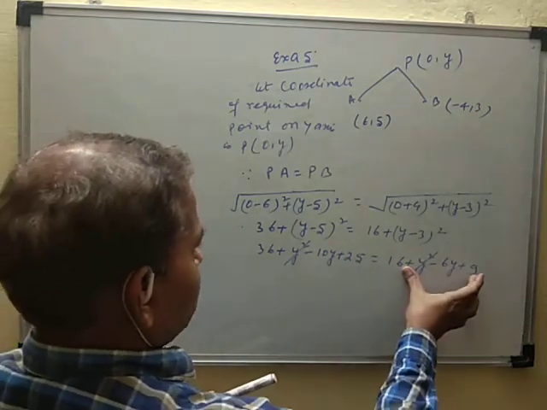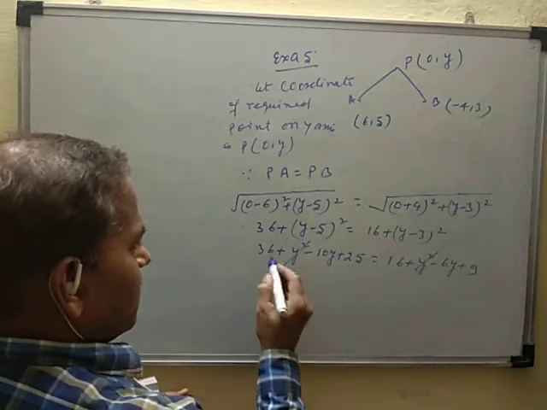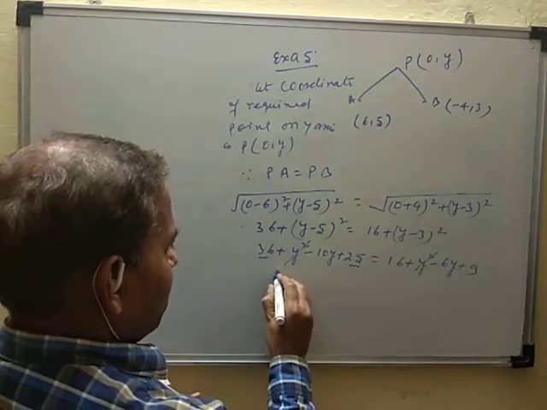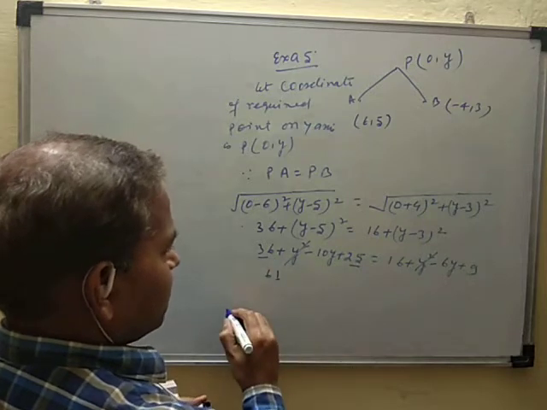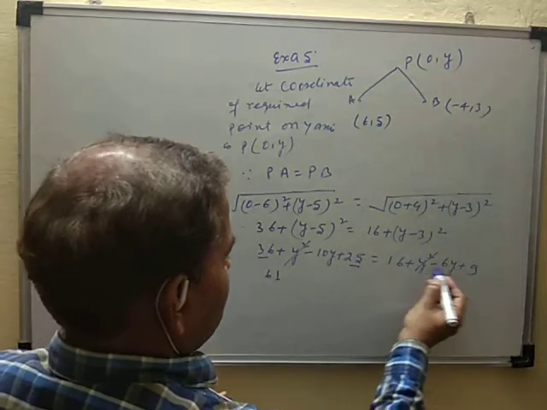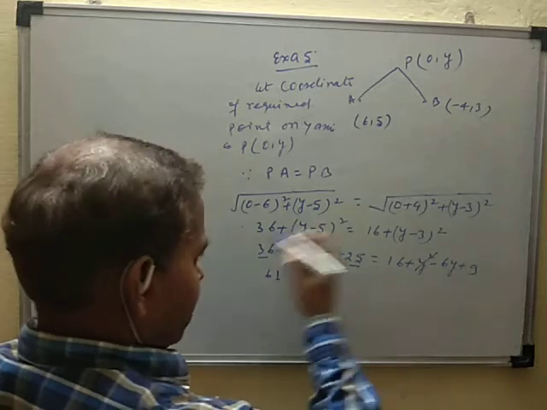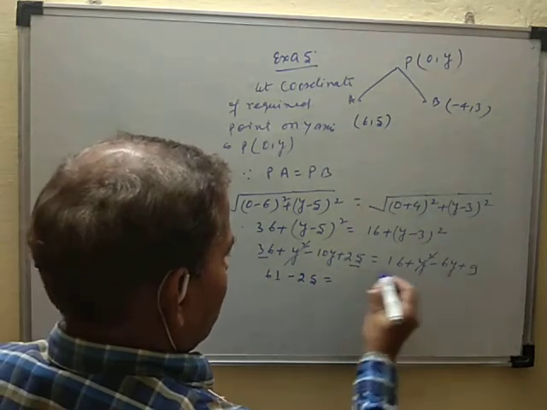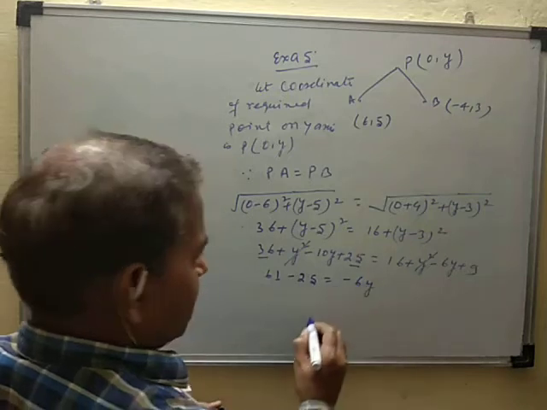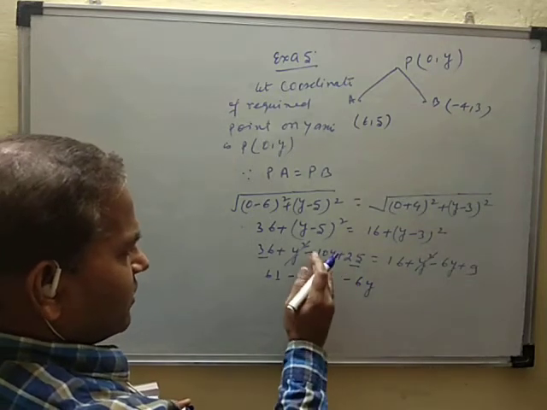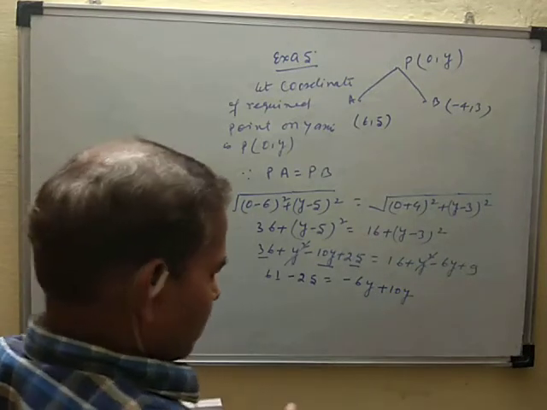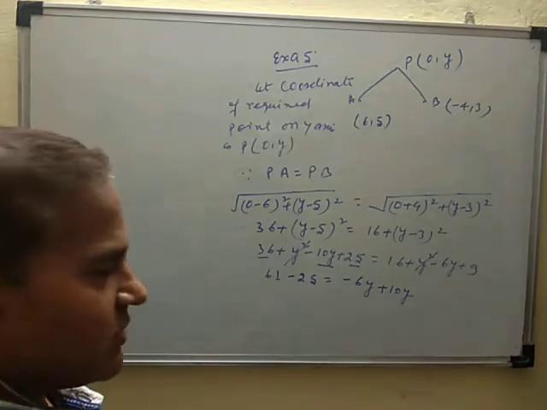Now take all constant terms to the left side. First 36 plus 25 is 61, and 16 plus 9 is 25, so taking it to the left side, minus 25. The right side is minus 6y, and this minus 10y taken to the right side becomes plus 10y. That is, like terms on the same side.